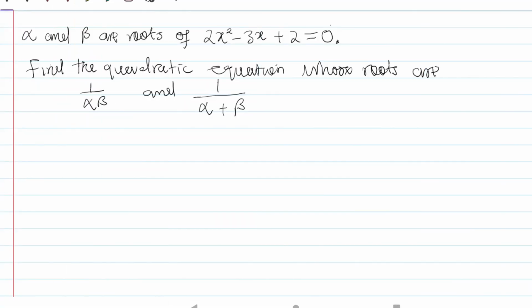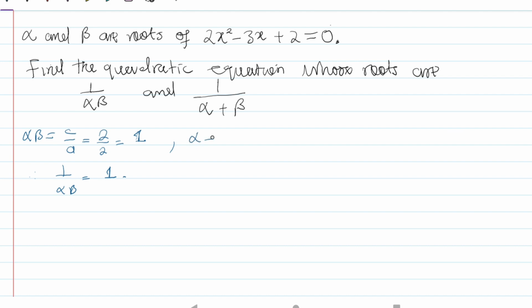In this flavor of the question, we have been given that alpha and beta are roots of this equation, and we want to find the quadratic equation whose roots are 1 over alpha beta and 1 over alpha plus beta. So the first task, remember, is to find alpha beta, which is equal to c over a. Now, c is 2 and a is 2, which is equal to 1. So therefore, 1 over alpha beta is equal to 1 divided by 1, which is equal to 1.